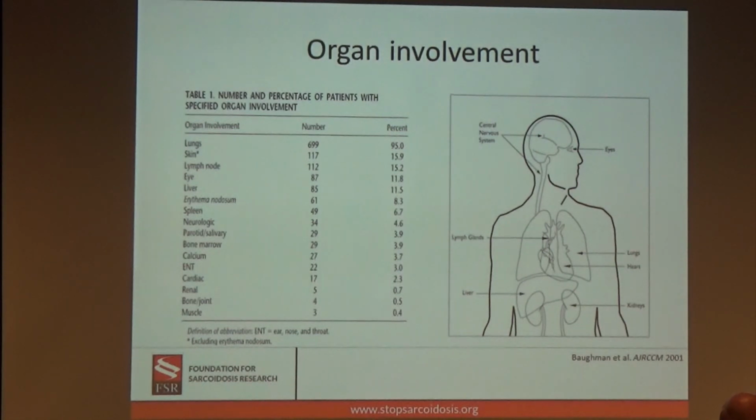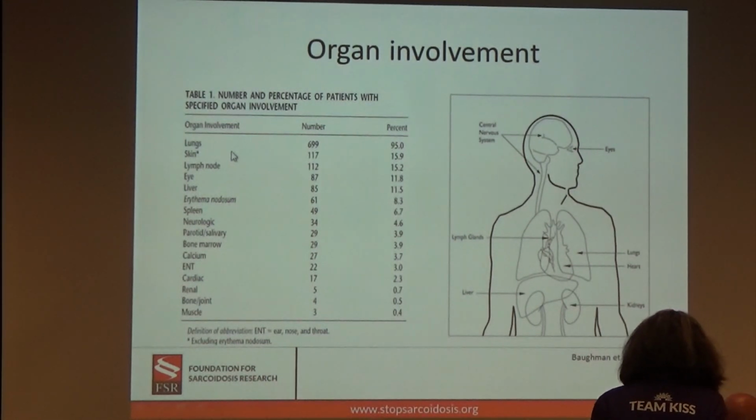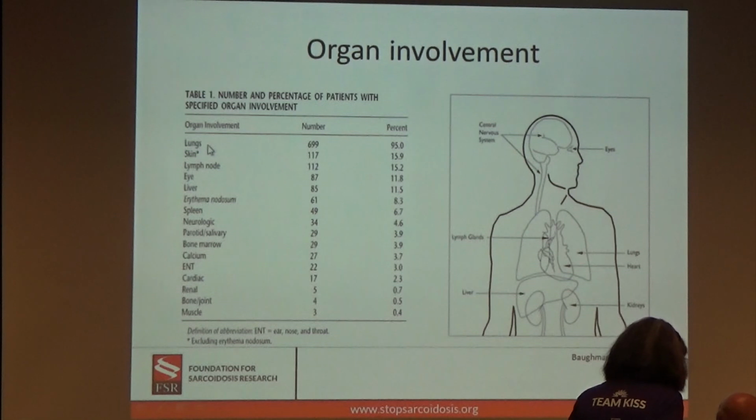So in terms of organ involvement, as probably many of you know, different organs can be involved, and different patients have different combinations, or maybe just one. One of the studies that gave us a lot of information on this was a landmark study published in 2001 by Dr. Boffman, that took a cohort of 736 patients from 10 centers across the country and looked at what were all the organs that were being affected by sarcoidosis.